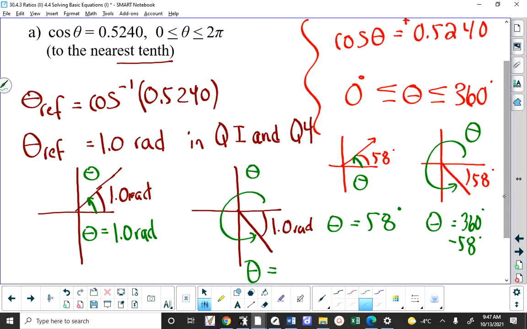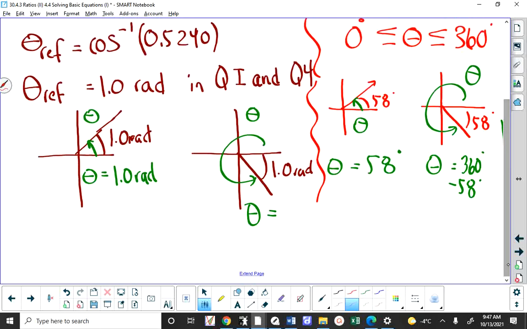Over here, in Math 20, we would find this rotation angle by taking 360 and subtracting the reference angle. Here we're going to take 2 pi and subtract the reference angle. So you're going to take 2 pi minus 1.0, and you're going to get 5.3, rounded to the nearest tenth.